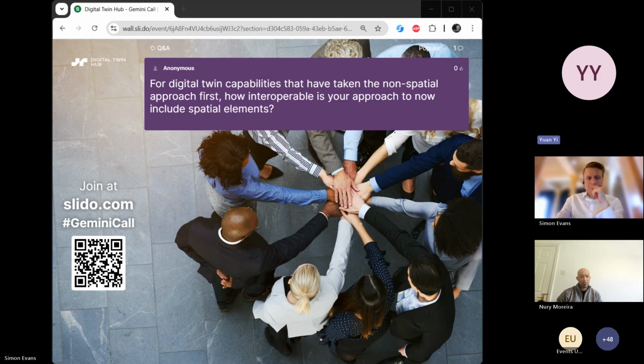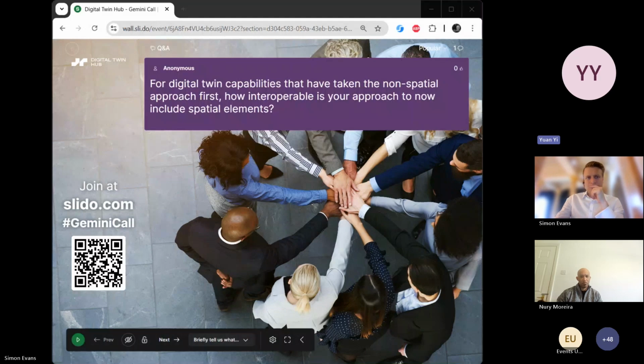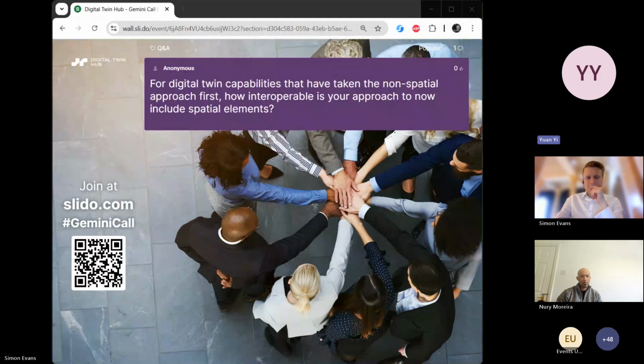Now, when we talk about interoperability from the non-spatial digital twin to the spatial digital twin, actually one missing link is how to set up this spatial database, the XYZ conversion, and that is exactly what we're trying to do with the spatial work platform. So what we're trying to do is to establish that XYZ conversion layer to enable the interoperability.